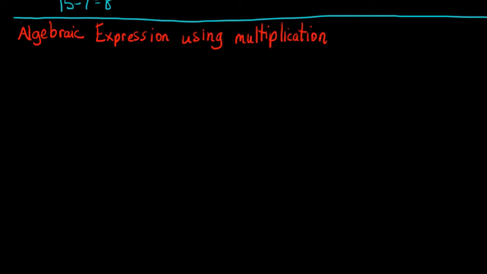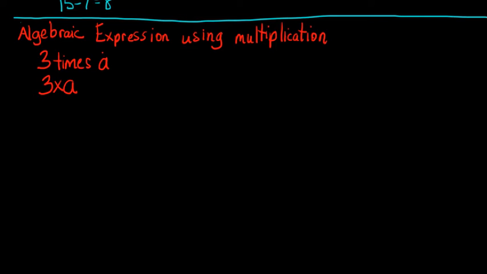You might see it actually written out 3 times a. See that variable right there? That makes it algebra. And you might just see 3 times a. Another way you might see it is 3 × a. Okay, so that symbol is what we're used to seeing for times.